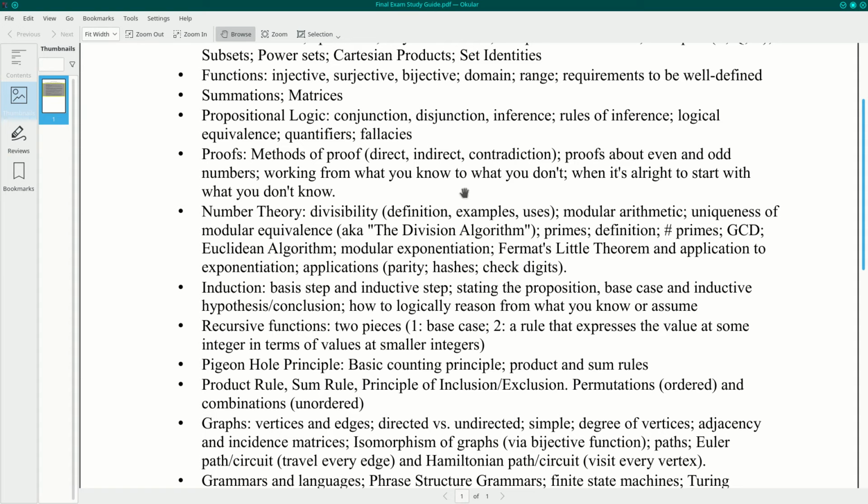And you could rephrase that in the language of normal induction by rewriting your proposition to be something about n times 2, right? And now as you increase n by 1, you're really talking about even numbers in your proposition. Same thing if you want to prove something about numbers bigger than or equal to 100. You could start your base case at 100, or you could rewrite your proposition to be n plus 100 or something. But yeah, that's all valid.